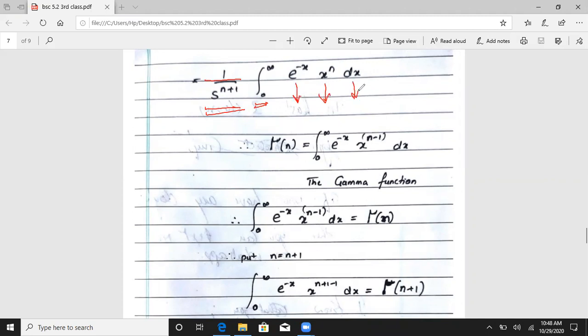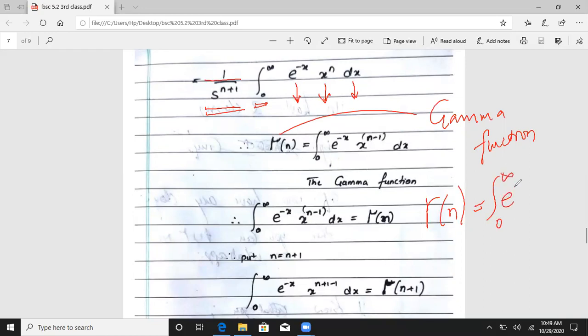Here one important thing is there. You have to remember this function. This is the gamma function. The gamma function of n is equal to integration over 0 to infinity of e to the power minus x, x to the power n minus 1 dx.